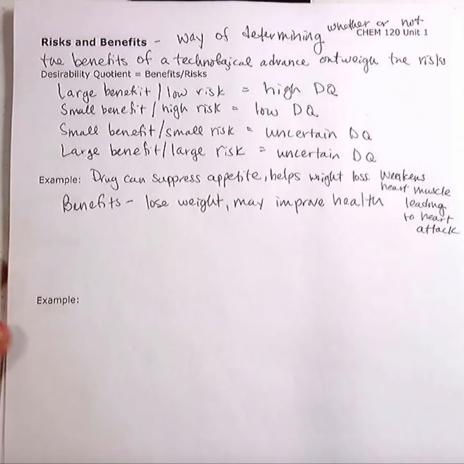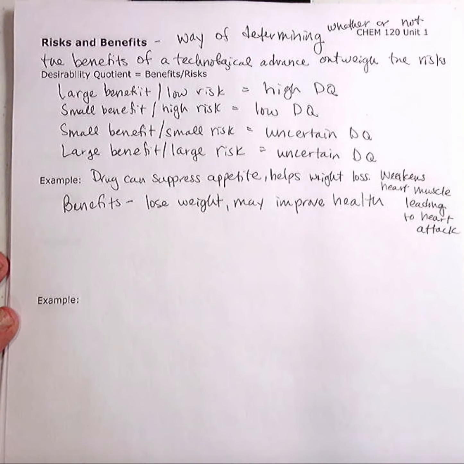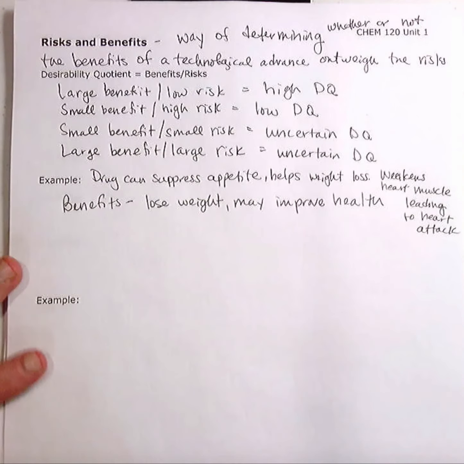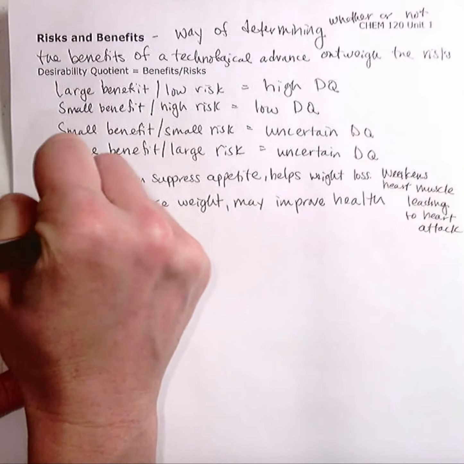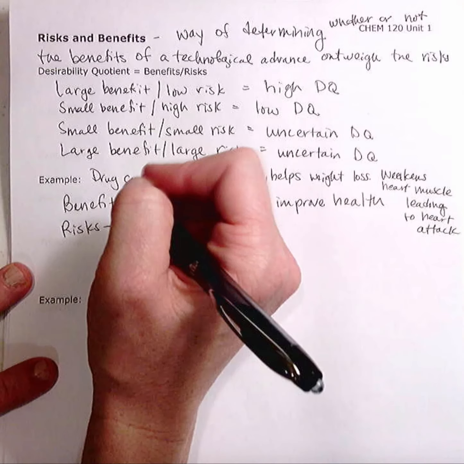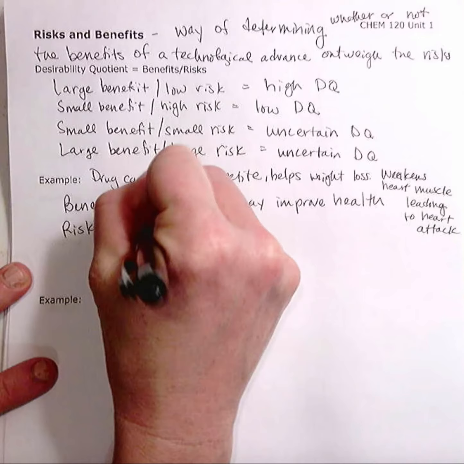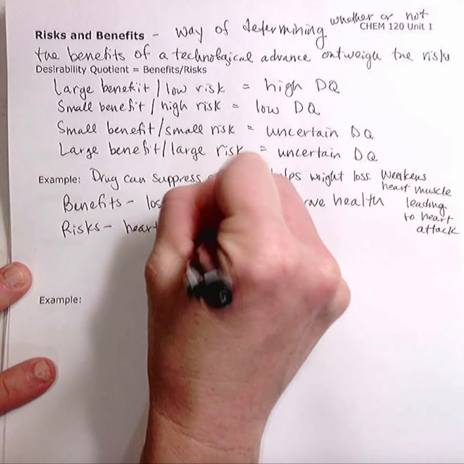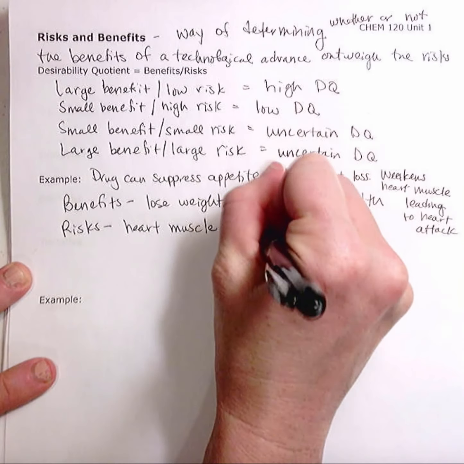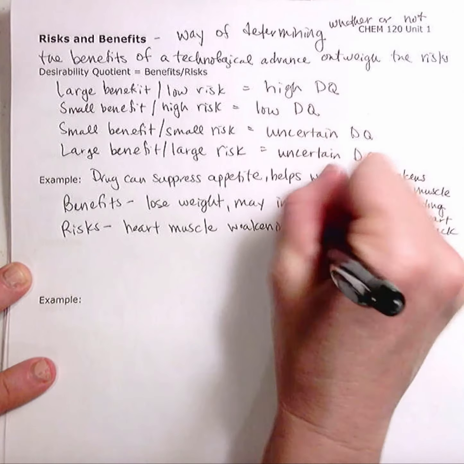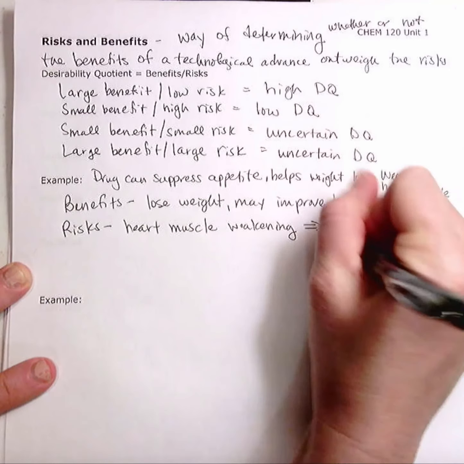Okay, sorry. Benefits: you lose weight, may improve health. Risks: heart muscle weakening, heart problems.